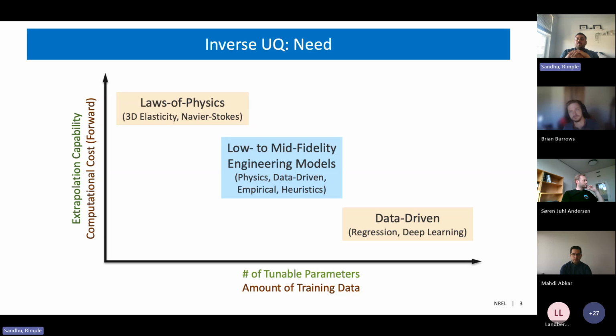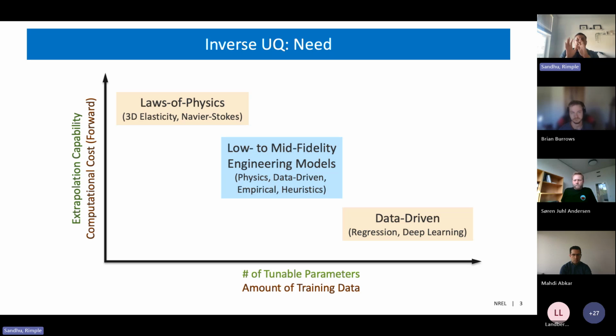So in the end, you end up with a model that has a manageable number of tunable parameters, requires a manageable amount of training data, has reasonable computational cost, and has some extrapolation capability. Extrapolation means you're trying to predict outside the regime of your training data. So this is what you're trying to do.